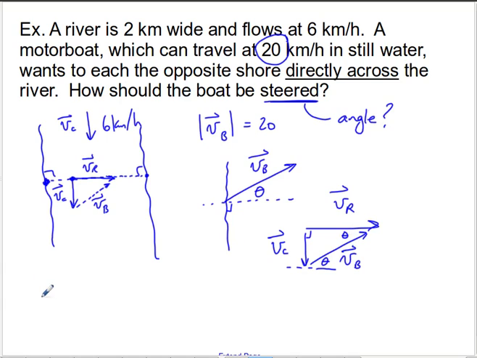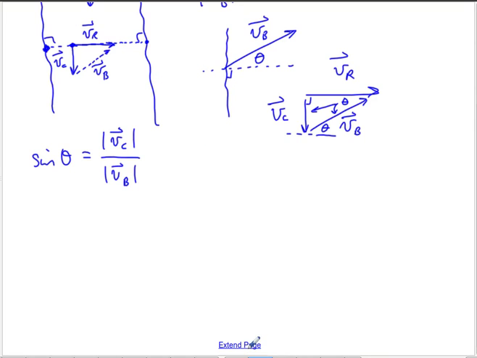So we can use right angle trigonometry with opposite and hypotenuse. We can say the sine of theta is equal to the magnitude of the speed of the current over the magnitude of the velocity of the boat. Since they're magnitudes, that's positive 6 over positive 20, that's sine of theta. And so theta is approximately equal to 17.5 degrees.